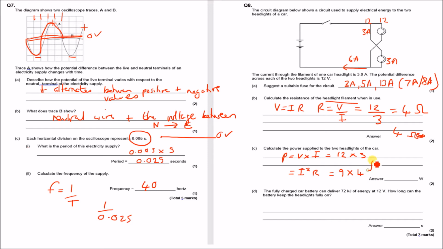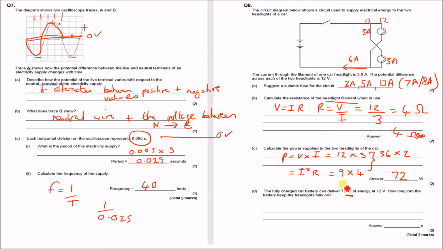And both of them should equal the same thing, and they do, which is 36. That would be 1 lamp, so you need to multiply that by 2 to get 2 lamps, and that will give you 72 watts.